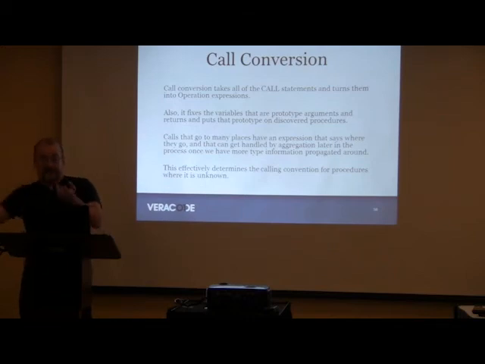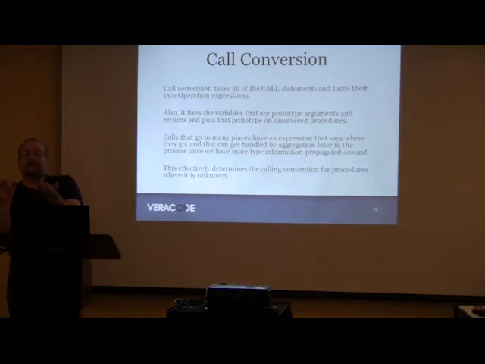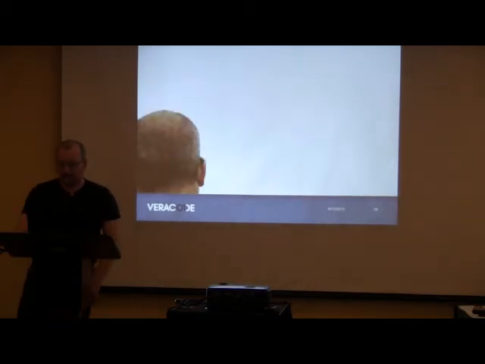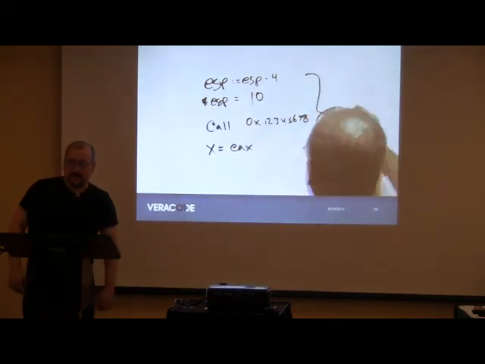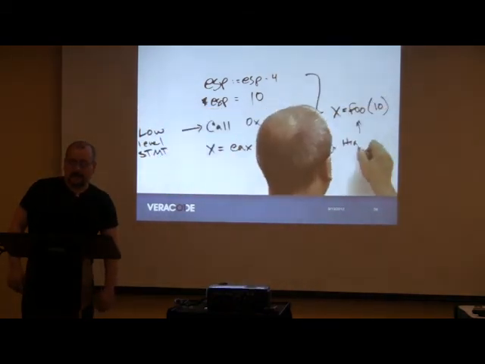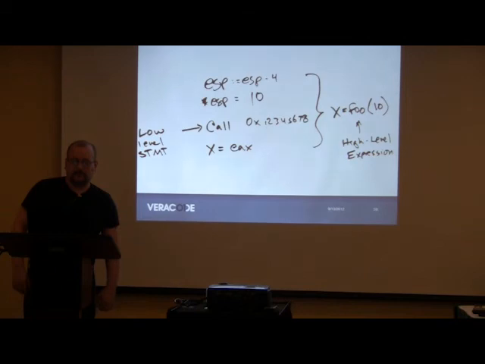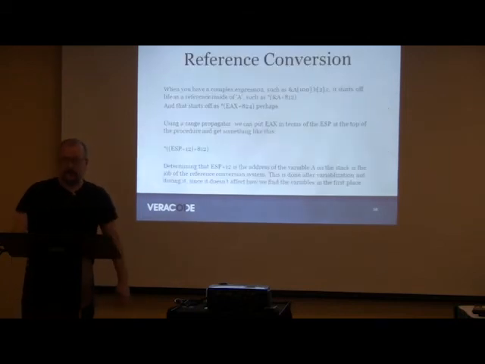It'll actually be that EAX propagates into the prototype of the function call. And then you can just hook that up and say it's actually foo of 3, for example. Looks like that. So that's a call conversion right there.